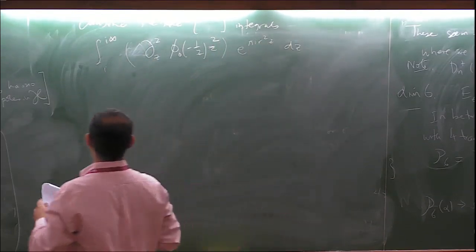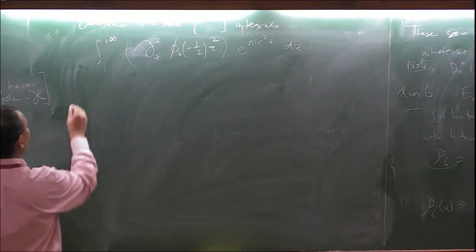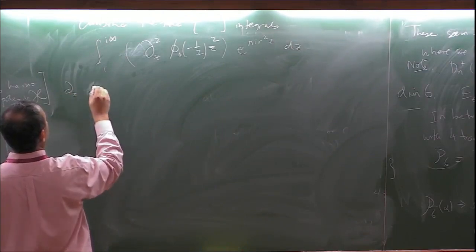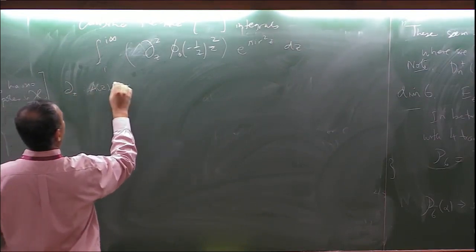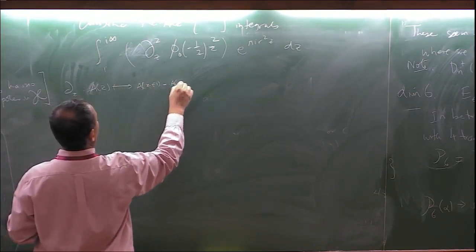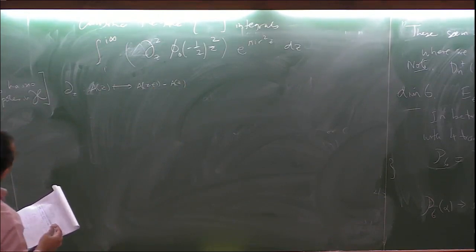Okay, what is delta z? Delta is the difference operator. I didn't want to write capital delta because that's the modular form, but delta z takes a function a of z to a of z plus 1 minus a of z. Okay, hopefully I did this right.